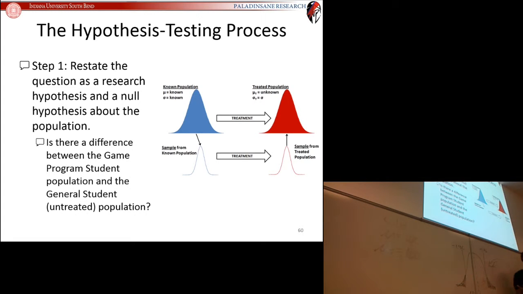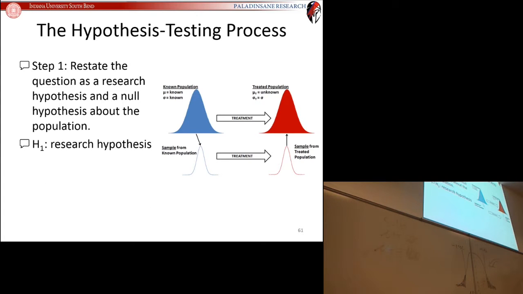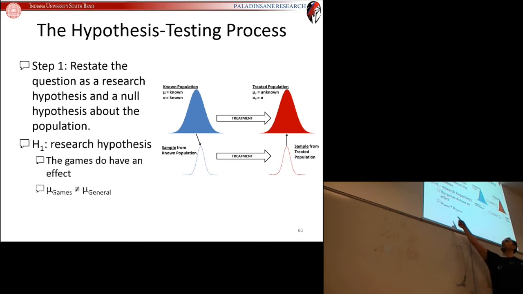We're still interested in whether or not there's a difference between the games program and the general student untreated population. We still have a research hypothesis that says that our games do have an effect. So the mean self-esteem of the population that does the games program will not equal the mean self-esteem of the population of general individuals. Maybe they'll be higher, maybe they'll be lower. Research hypothesis says they will just not be the same.